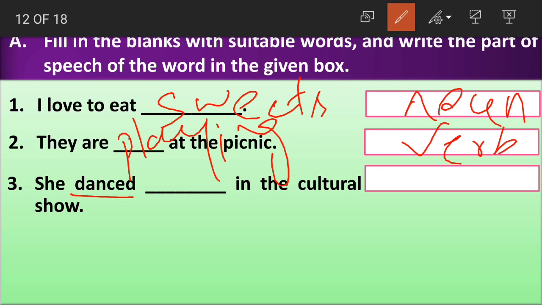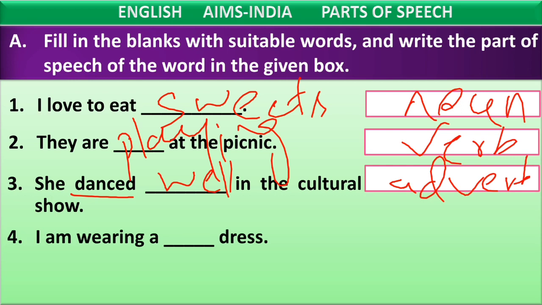So the word which describes the verb comes under which part of speech, children? Yes, good. That becomes an adverb. She danced well, or beautifully, amazingly, whatever you feel like. But because we are describing the verb here, this particular word becomes an adverb. Clear, children? Yes.